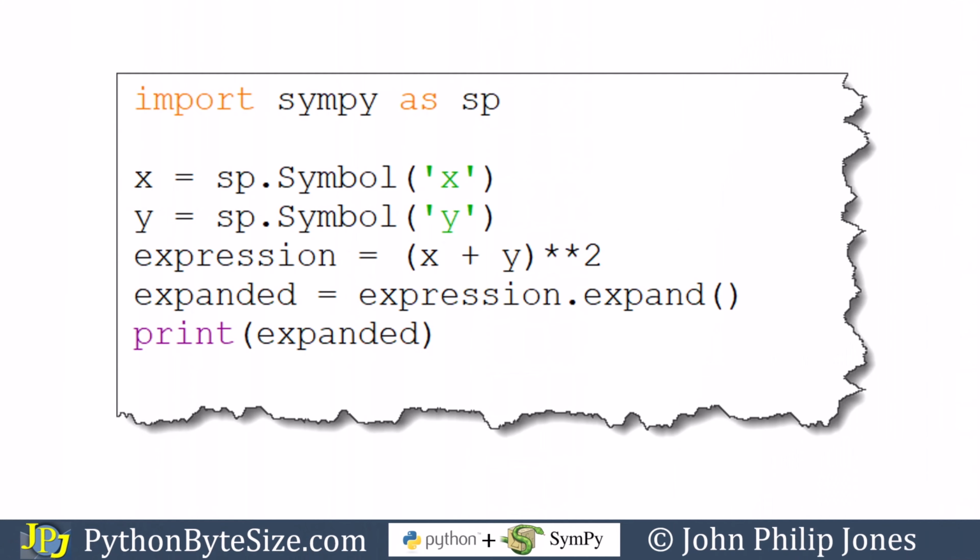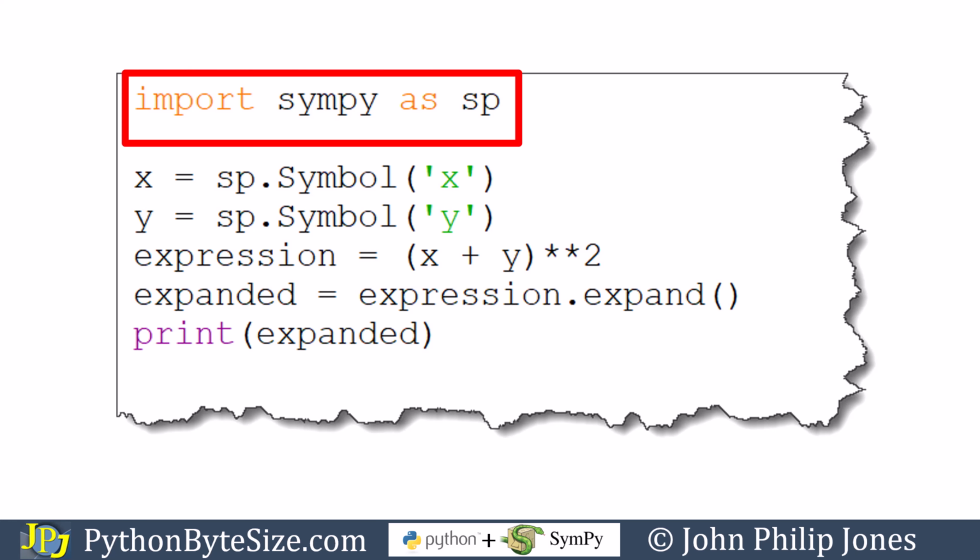Here you can see I've enlarged the program so we can easily view it on the screen. There are various ways to import SymPy to be used within the Python programming language, and I'll show you the other ways eventually, but here you can see I've used import SymPy as SP, and SP will now act as an alias throughout the program, allowing us to use the facilities of SymPy.